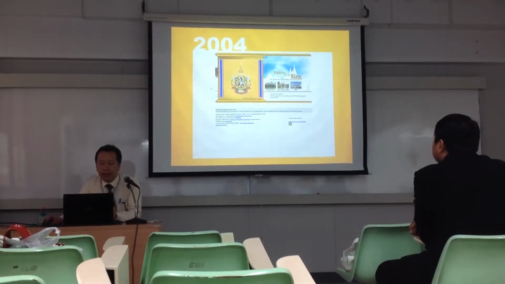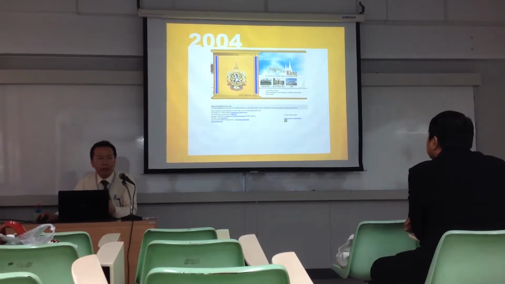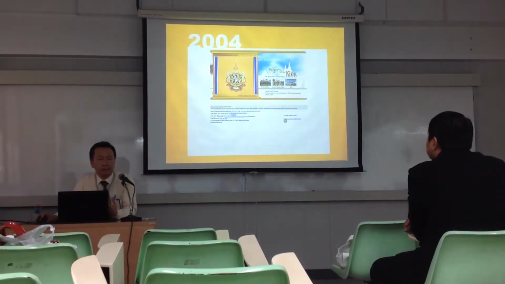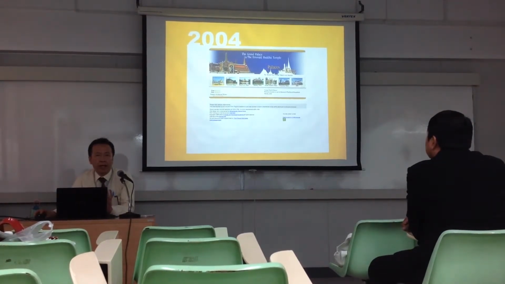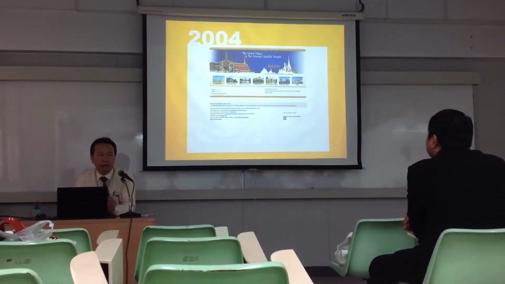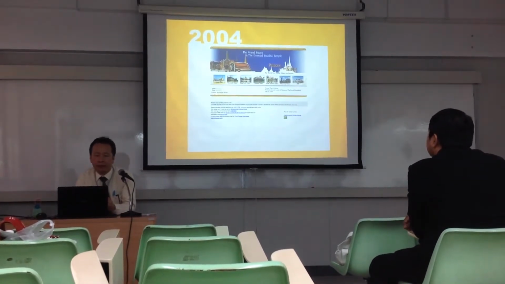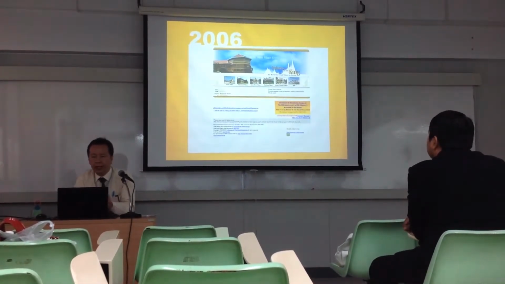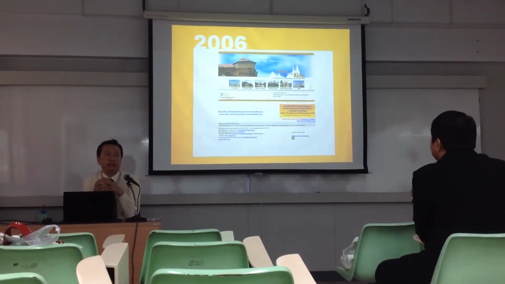So if you see the background sky, if you log in during the daytime, the website will recognize and present the day picture to you. And if you log in at night time, the website will recognize the time zone and present the night images to you.